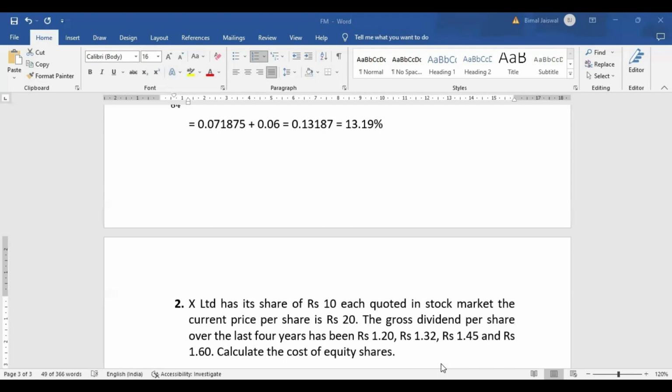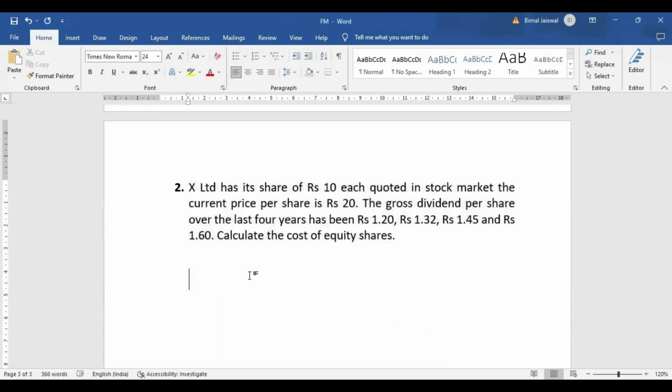If you try to calculate the growth rate from first year to second year, it is 1.1, and from second year to third year, again it is coming as 1.1, and from third year to fourth year, again it is coming as 1.1.